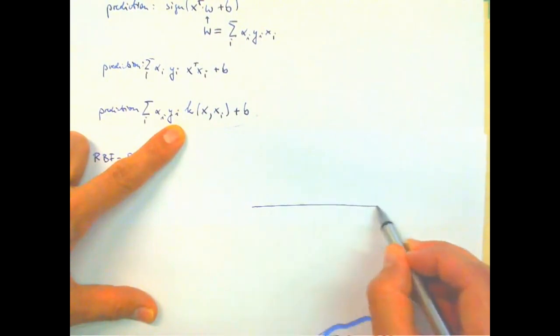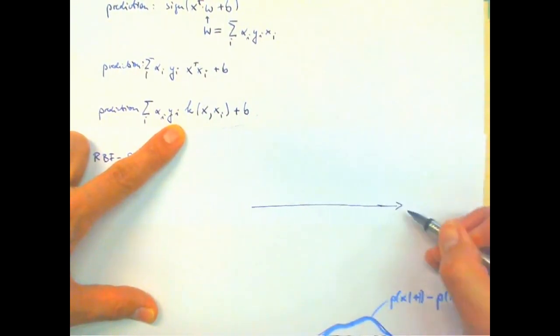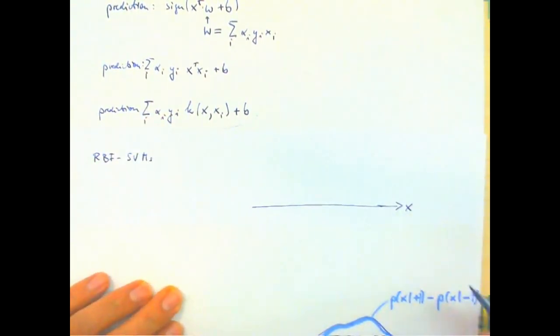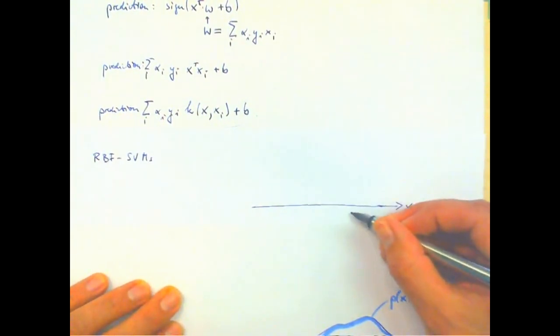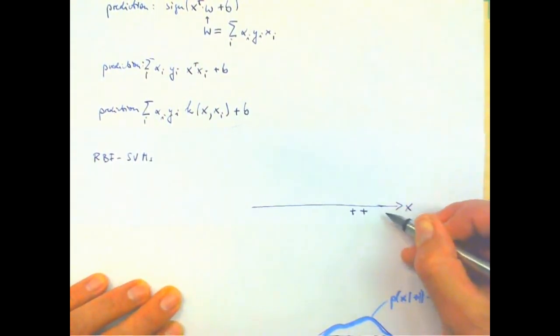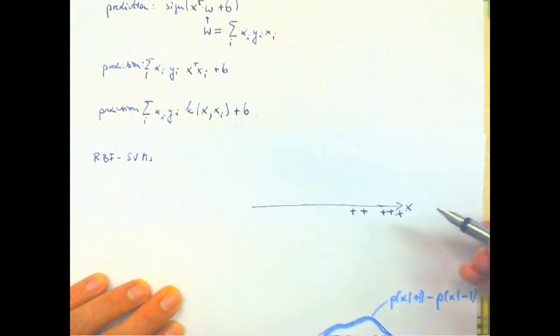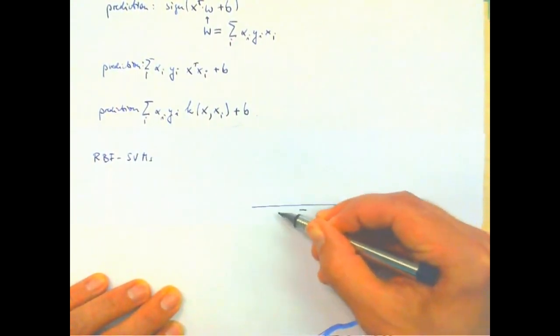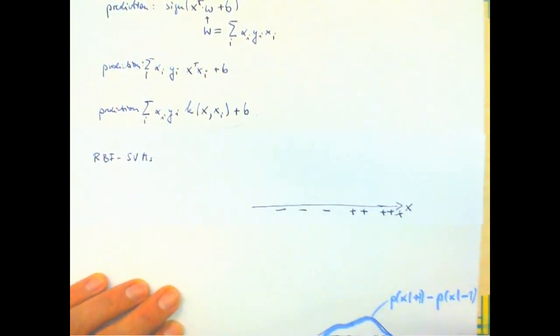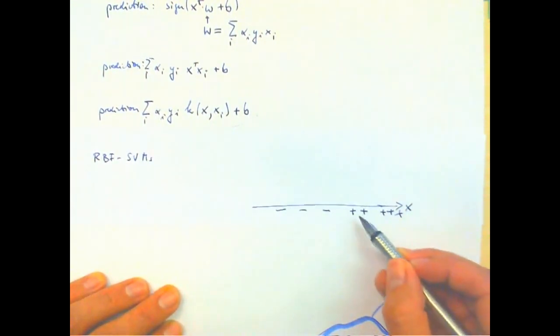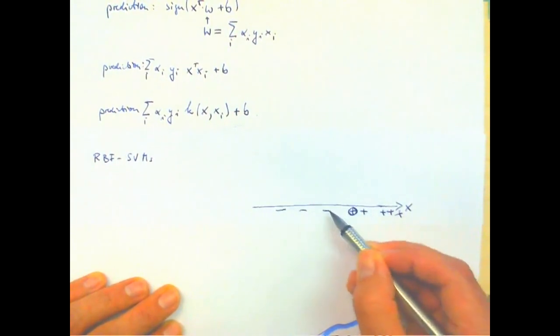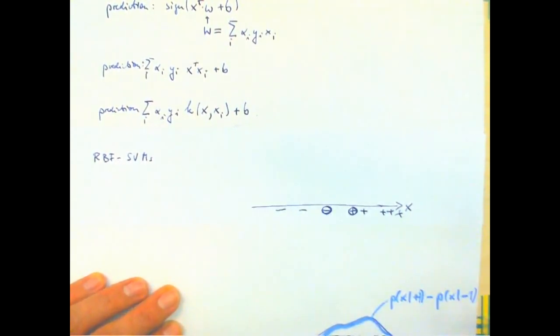So again, I can draw a one-dimensional feature space, and in this one-dimensional example, I'm copying the same data set that I had at the bottom. If I don't require a particularly large margin, I would have two support vectors here. One support vector for the positive class and one support vector for the negative class.